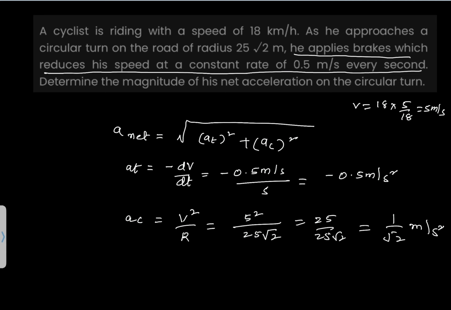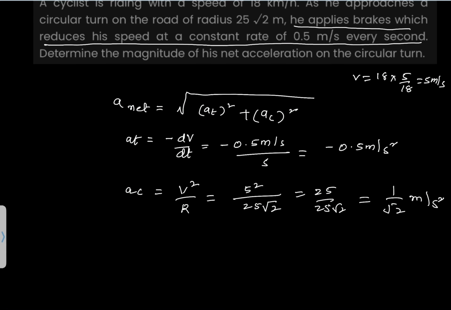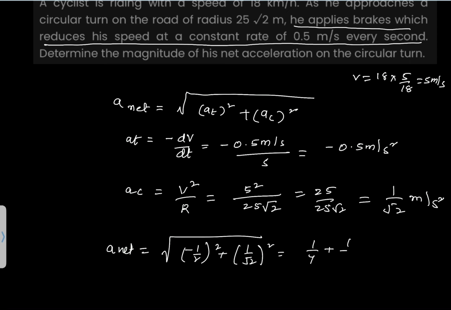So finally, I got the tangential and the centripetal. Let me keep it in this formula, net acceleration. A net is equal to, just minus 0.5, now I can write like minus 1 by 2. So minus 1 by 2 whole square plus 1 by root 2 whole square. So I'll be getting 1 by 4 plus 1 by 2, square root. It will become 3 by 4 square root.